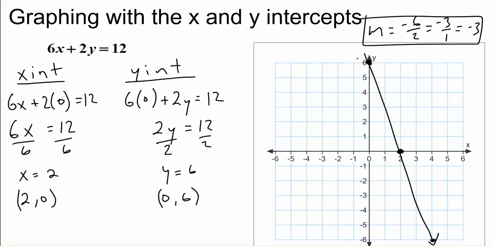Our b value, where we cross the y-axis, is at 6. So we could rewrite this in slope-intercept form: y equals negative 3x, because our slope is negative 3, plus 6, because our y-intercept is at 6.